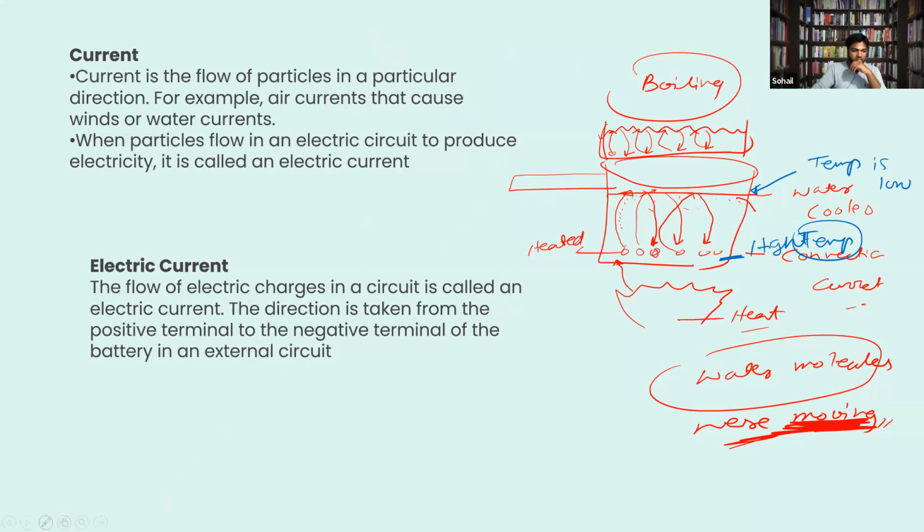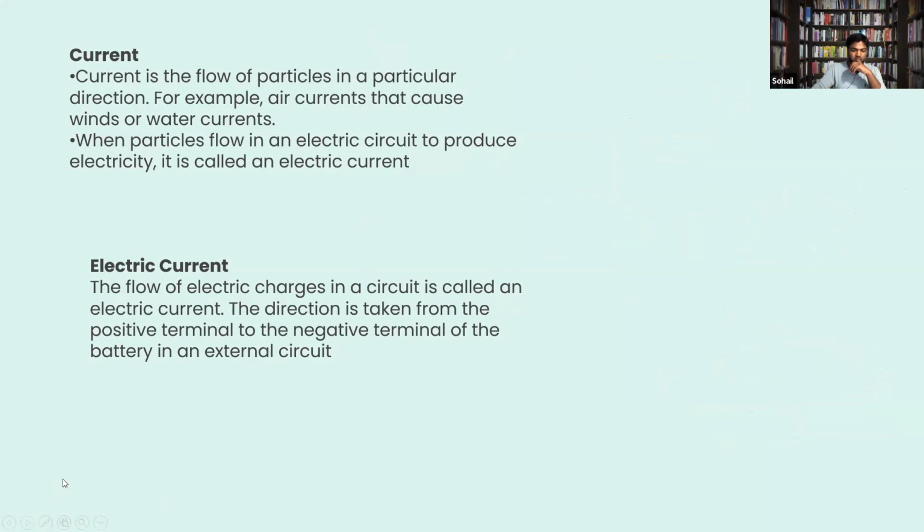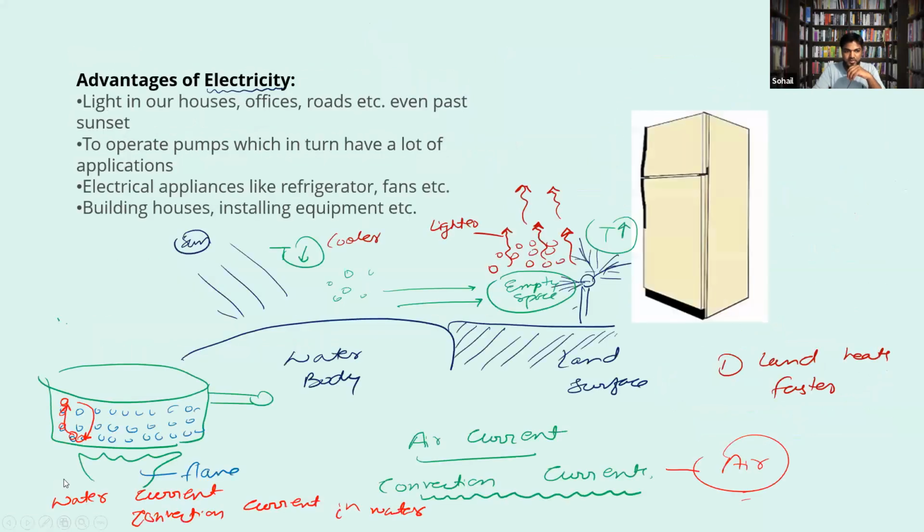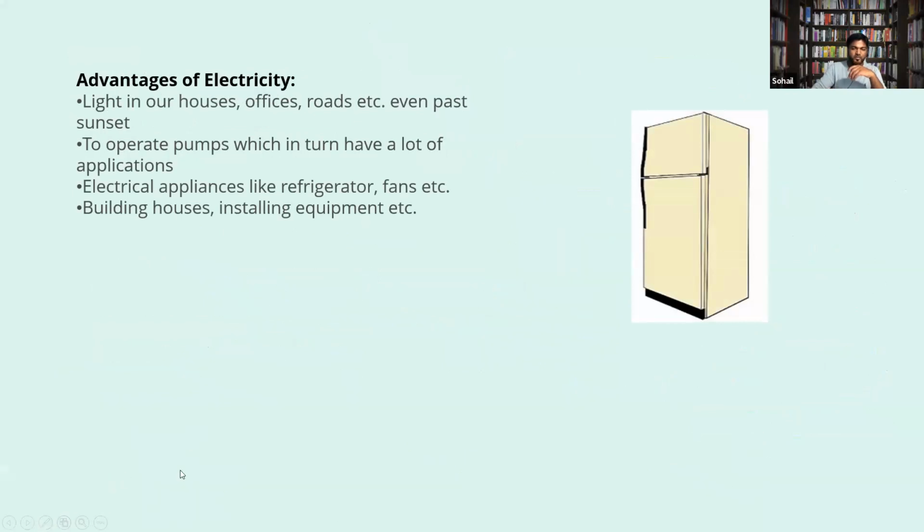Now let's get back to the concept, what I have been trying to explain to you now. See, same as you saw in the case of convection currents developing in water or in air, there was movement of the particles, there was movement of the air molecules, and there was movement of the water molecules. Same in the case of electricity.